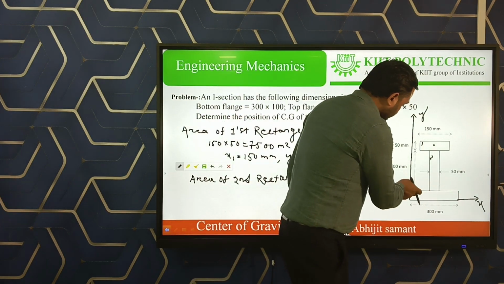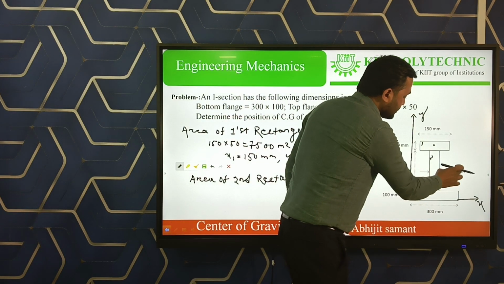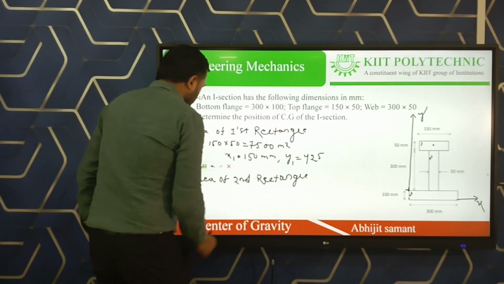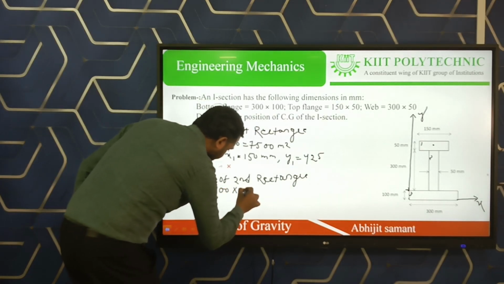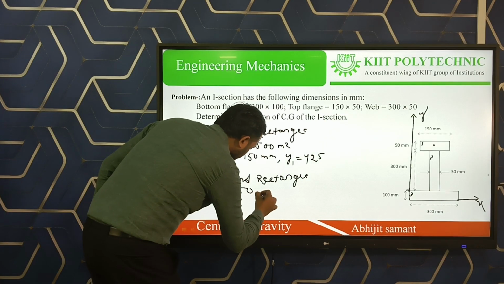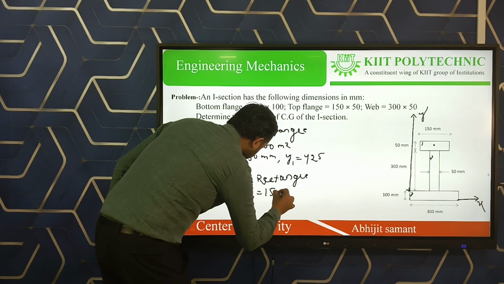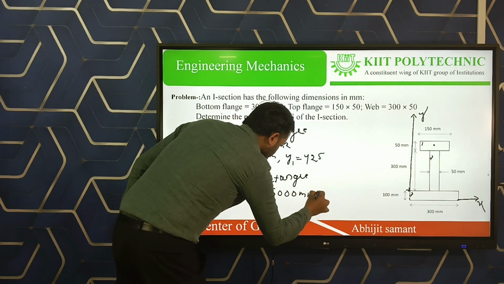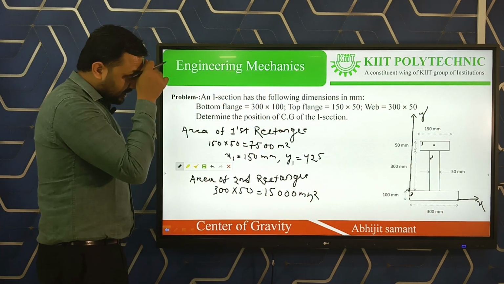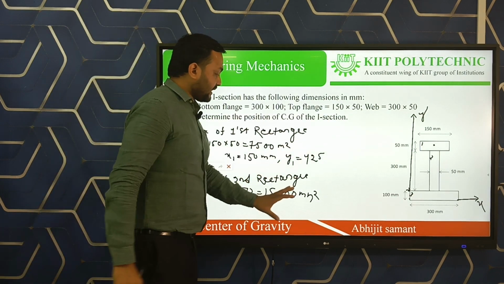Here the length is 300 mm and the width is 50 mm. So the area is 300 into 50 equal to 15,000 mm square. This is the area for the second rectangle.